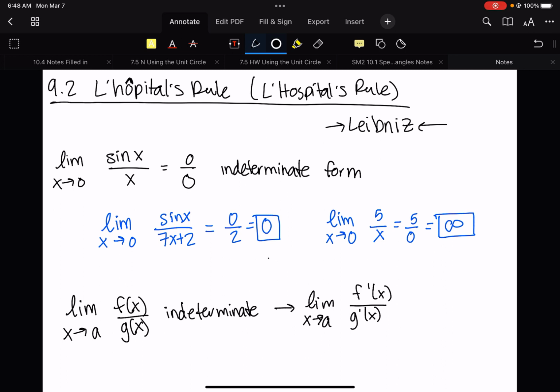Okay, so we're just taking the derivative of the top, the derivative of the bottom. We're still taking the same limit. Now we're just going to differentiate. Okay, this is L'Hopital's rule.